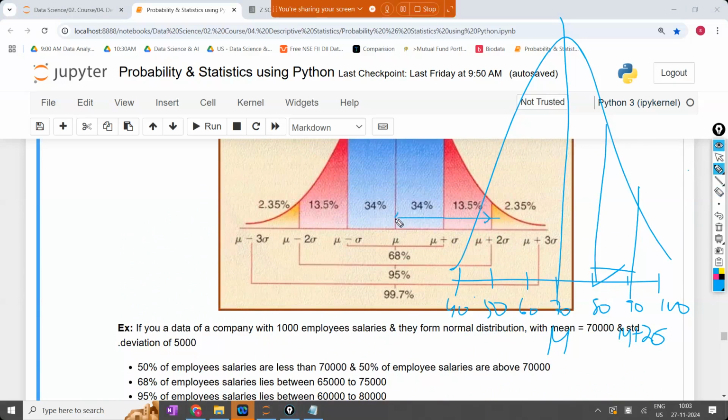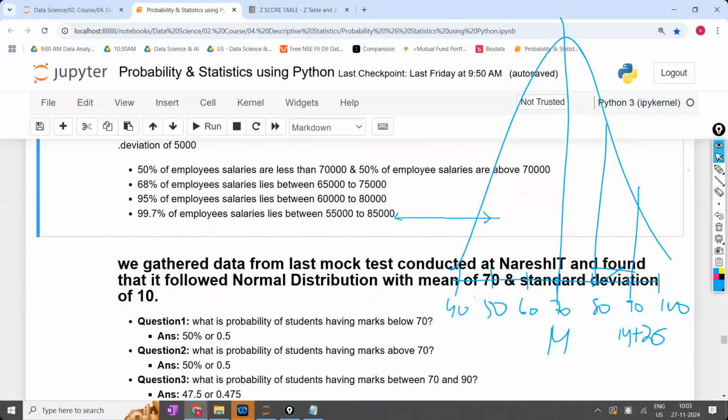From here to here, what is the total? 34 plus 13.5, which is 47.5. Answer is clear. 0.475 is the answer.